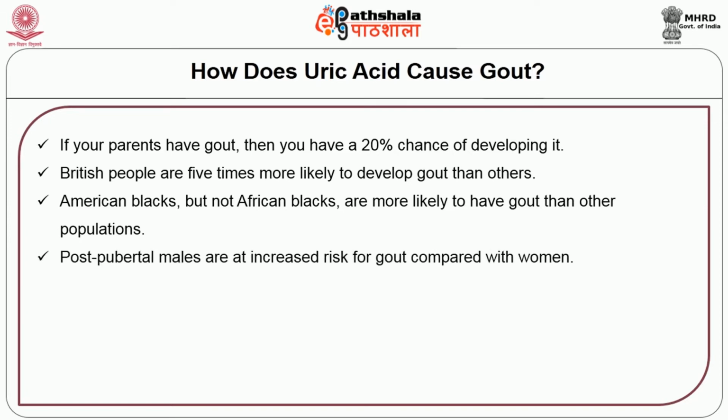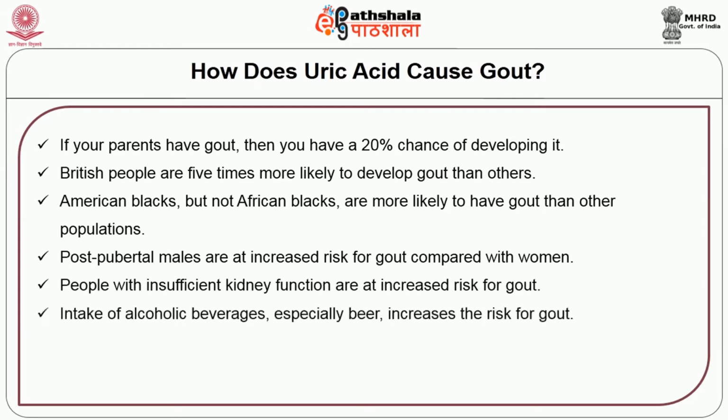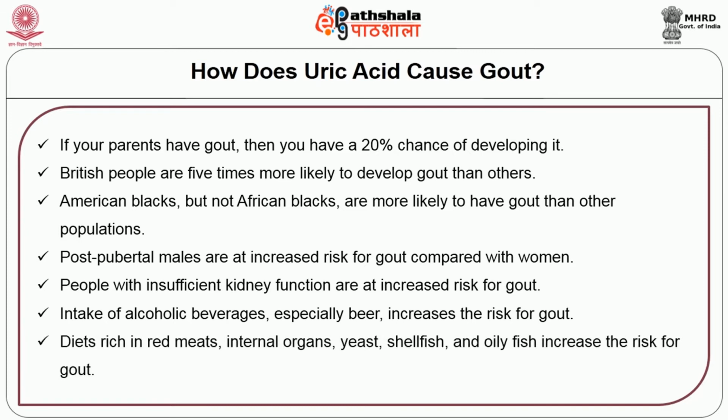Post-pubertal males are at high risk for gout compared to women. People with insufficient kidney function are also at increased risk for gout. Intake of alcoholic beverages, especially beer, increases the risk of gout. A diet rich in red meats, internal organ meats, yeast, shellfish and oily fish increases the risk for gout.